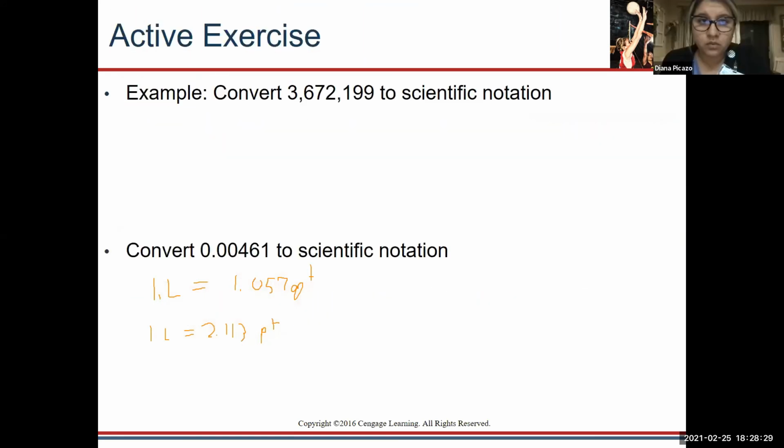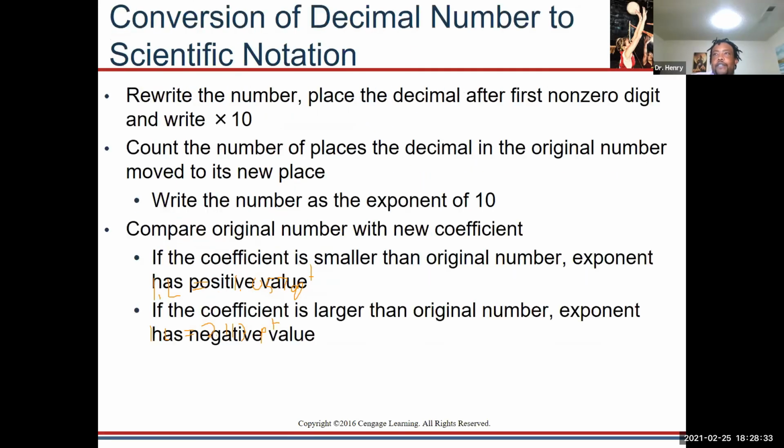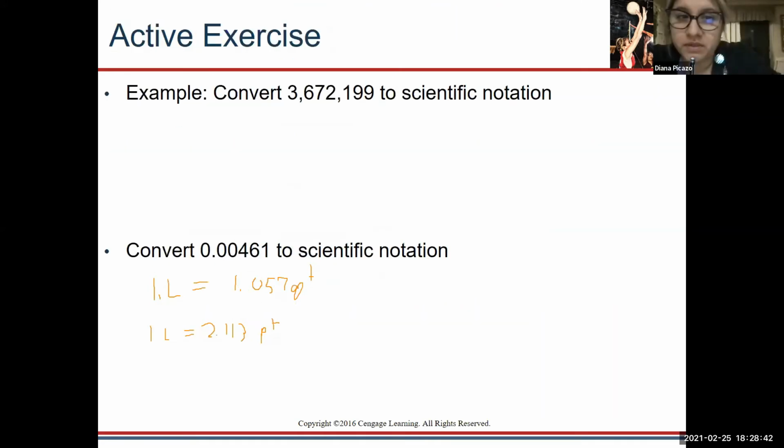No. Okay, so we've talked about scientific notation, right? Are you feeling comfortable with scientific notation? Yeah. A little bit. Okay, so let's go ahead and convert these into scientific notation.